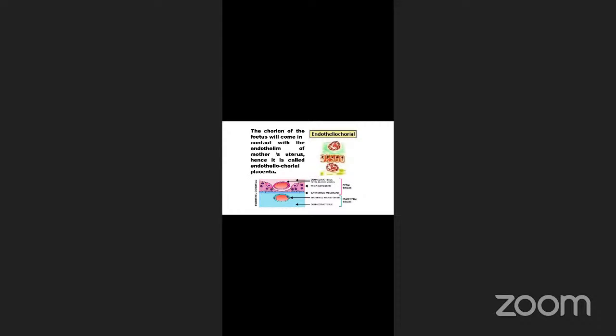The next is endotheliochorial placenta, which is seen in carnivores. Here the uterine mucosa is reduced and the chorionic epithelium comes in contact with the endothelial wall of the mother's uterus. Only 4 barriers are seen between the mother and fetus, and this type is called endotheliochorial placenta. The chorion of the fetus comes in contact with the endothelium of the mother's uterus, hence the name. Then the fourth one is hemochorial placenta, seen in primates, insectivores, and bats.